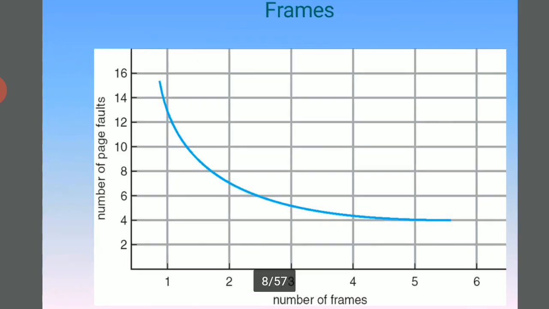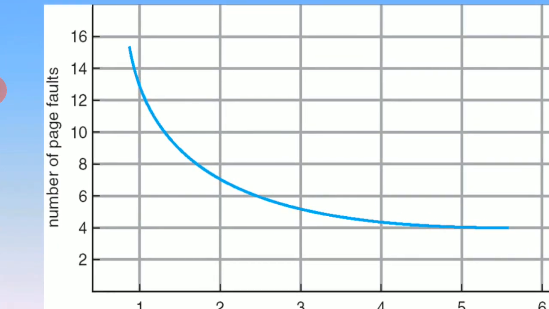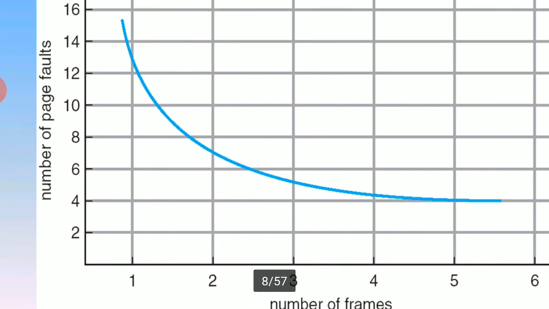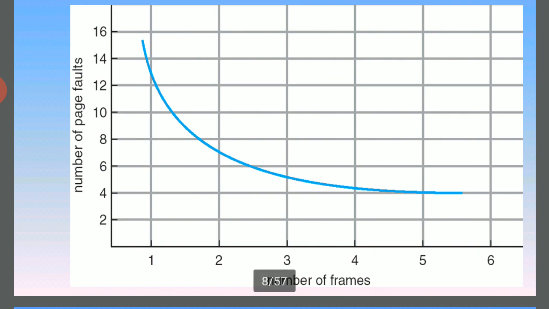These are the number of page faults and the number of frames. So what are the page table, pages and frames? The pages are collected in the frames, and the frames are collected in the page table. That is the definition of the page table, pages and page frames.